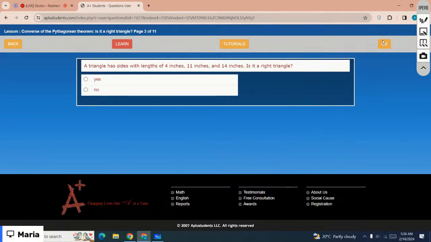The correct option is no, this isn't a right angle triangle, right?